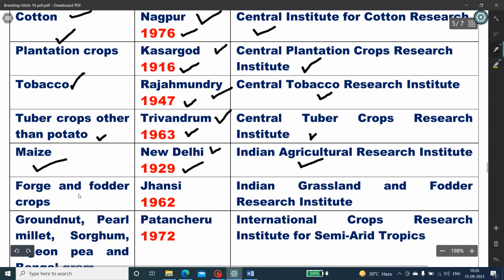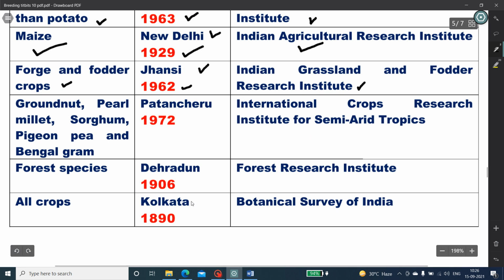And regarding forage and fodder crops, the Indian Grassland and Fodder Research Institute at Jhansi, established in 1962, is maintaining these crops. And groundnut, pearl millet, sorghum, pigeon pea, and Bengal gram are being conserved in the International Crops Research Institute for the Semi-Arid Tropics at Patancheru, Hyderabad, established in 1972.